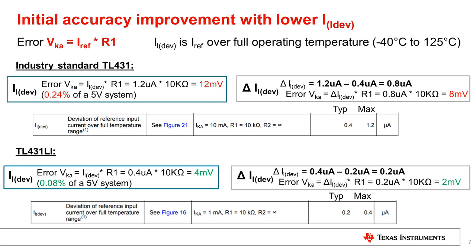Comparing the industry standard TL431 to the TL431Li, the TL431 will result in 12 millivolts of error across the absolute value of ILDEV and 8 millivolts of error across ILDEV delta. Devices such as TL431Li will yield only 4 millivolts across the absolute value and only 2 millivolts across the delta.